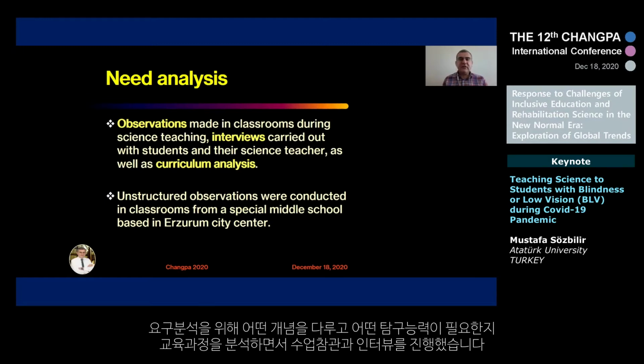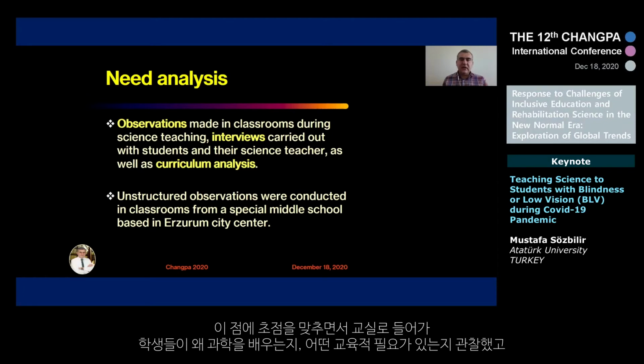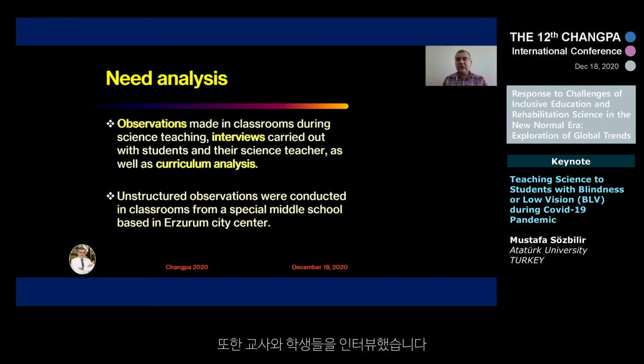We initiated with analyzing the curriculums, what kind of concepts need to be taught and what kind of skills need to be developed, and then we went into the classroom and observed the children while they were learning, what kind of needs they have, and also we interviewed teachers and the students too.